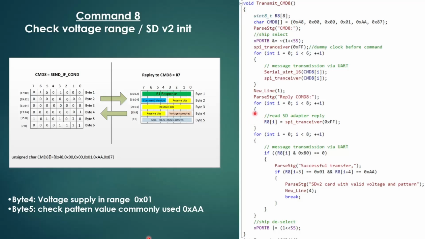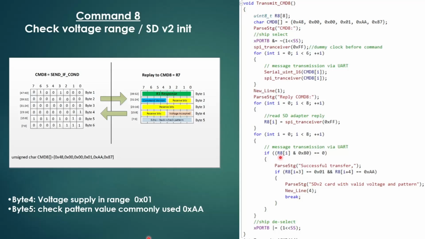First we go 8 times around the loop, and then we go 8 times and fill up an array with all the data. So we have all the replies from the SDHC, and we have to ensure that we got the correct response for successful transmission, and also for correct pattern and for voltage within range.